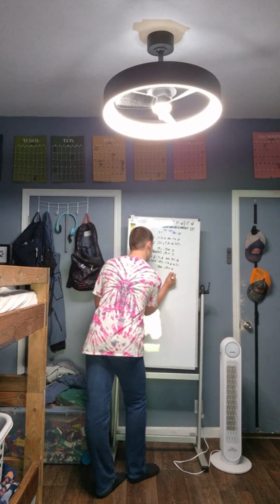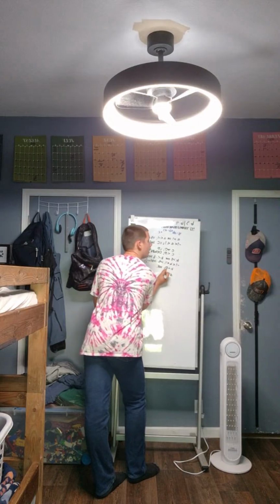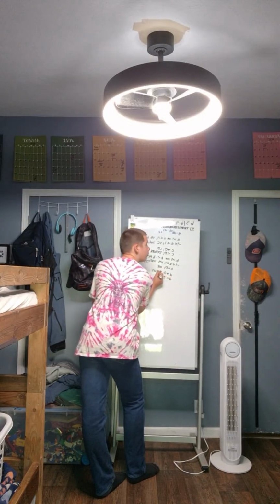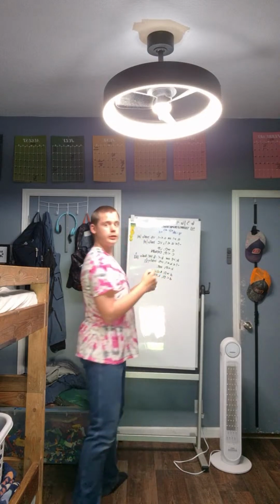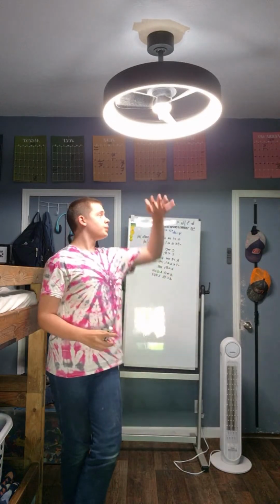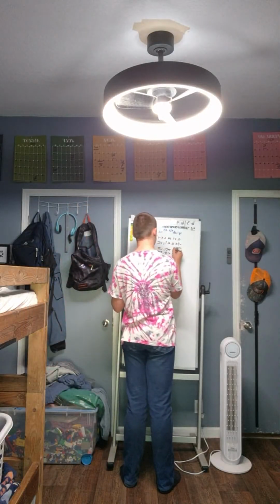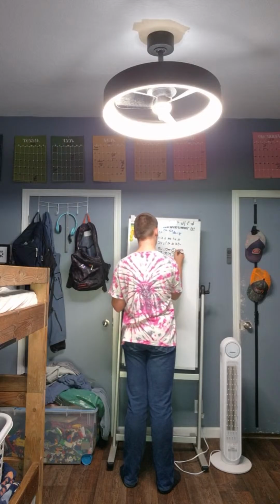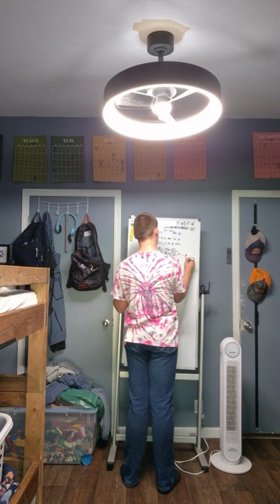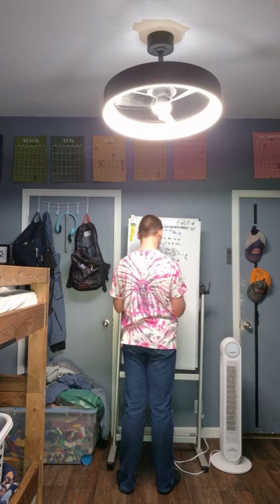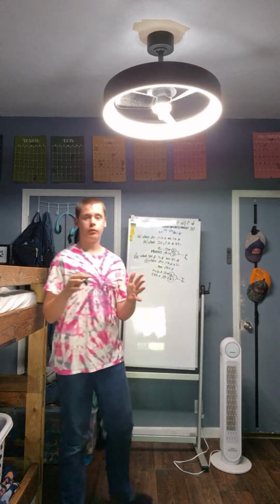So if d is greater than 0, then it goes right. So if d is less than 0, it goes left. So it goes up and down. And these are what we call x's. Okay?